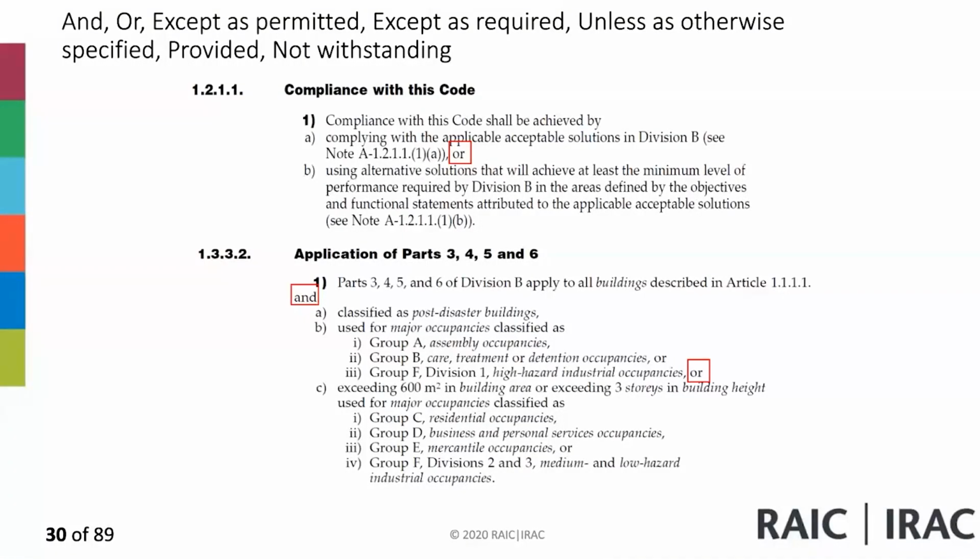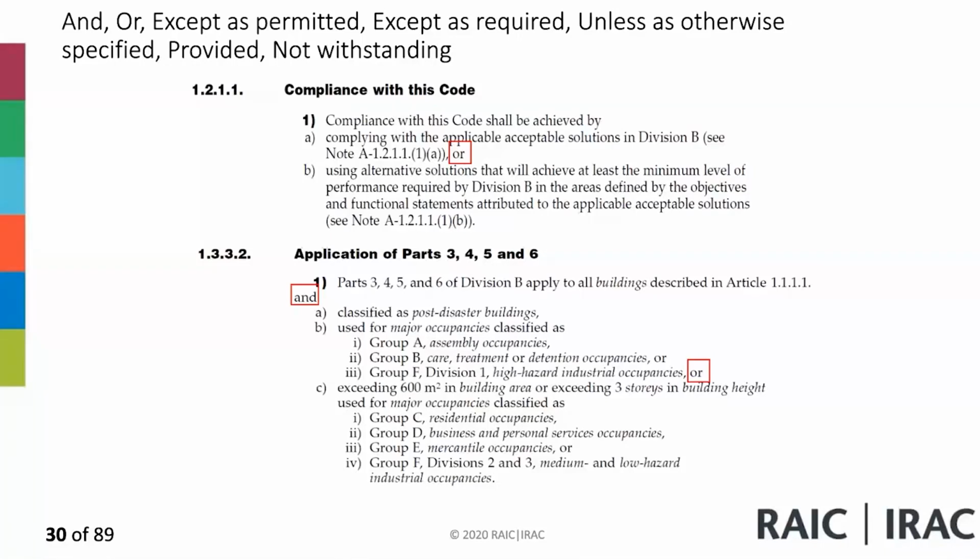So you go to the end of the part and look at the notes associated with this article: Article 1.2.1.1, then Sentence 1.2.1.1.1, and then Clause A. The next example, that's for ors, is pretty simple. It's either A or B.